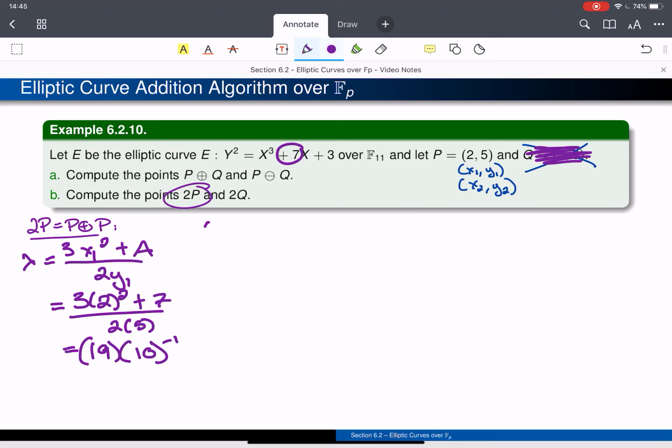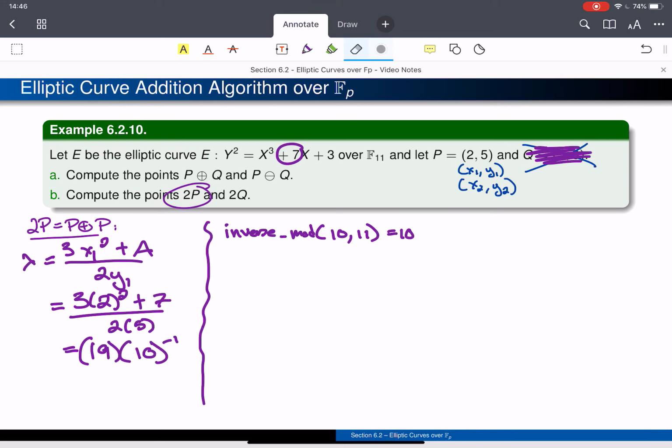So I need to know what is the inverse of 10. Here that's going to be this inverse mod command, and there's going to be a 10 and an 11. I believe that's going to kick out the number 10. Just kind of fun, that number is its own inverse, which you can see because if you took 10 times 10, they multiply to make 100.